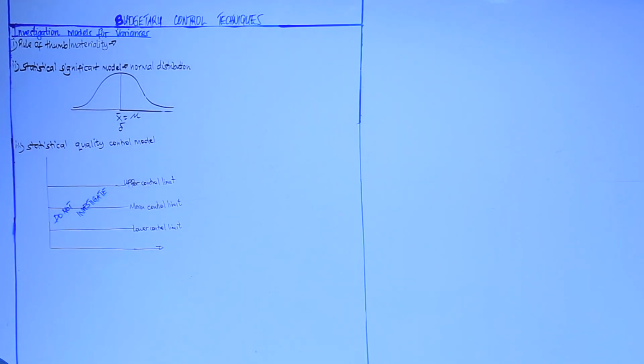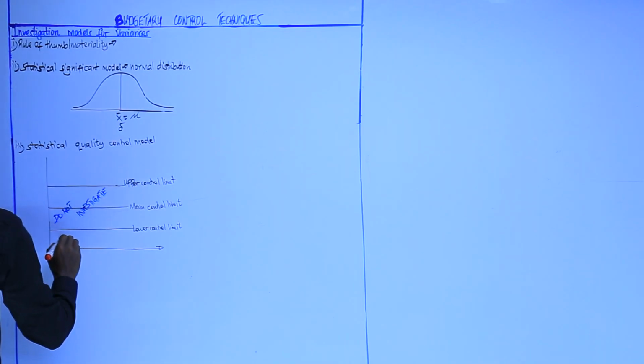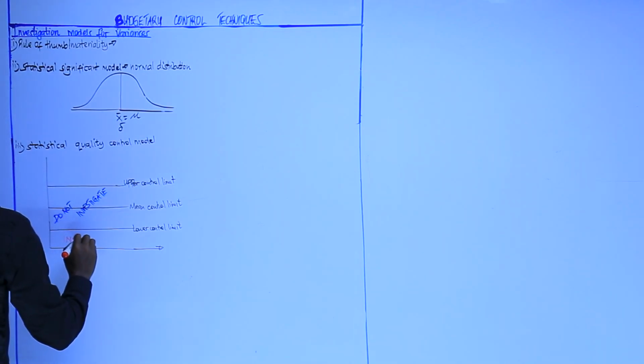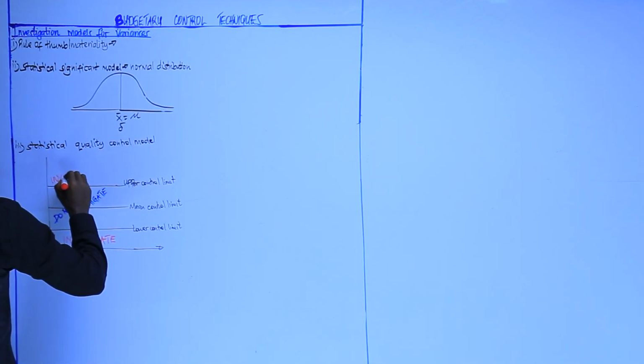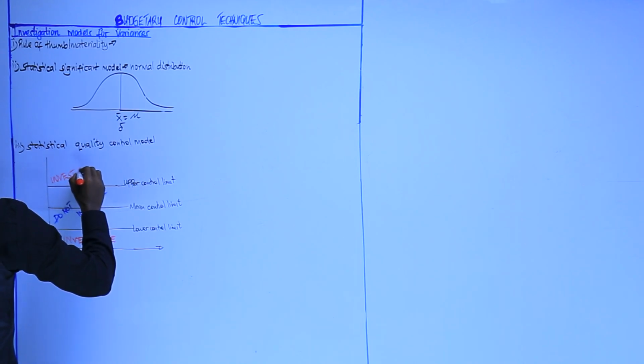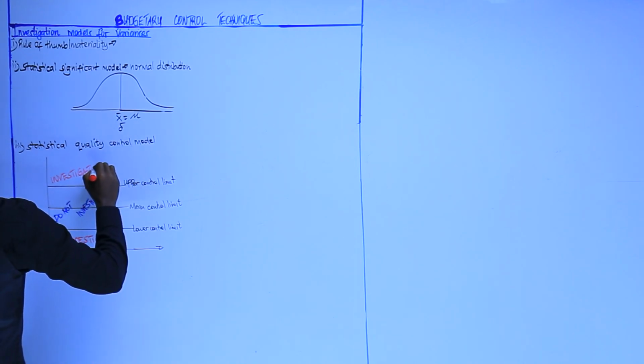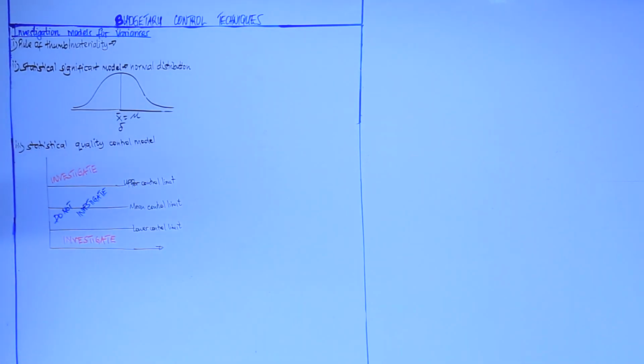However, if the result falls below the lower control limit, there you must investigate. And above the upper control limit, you must also investigate, because they are outside the tolerable limit.